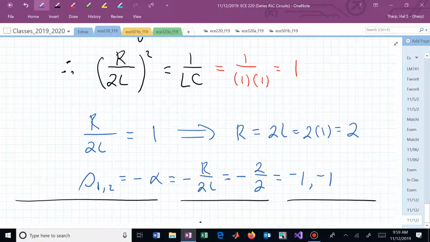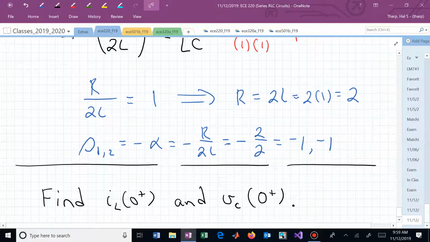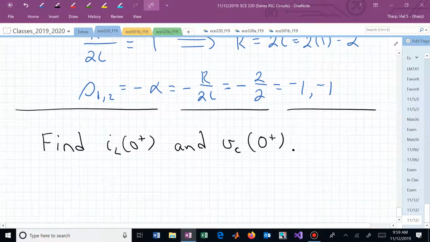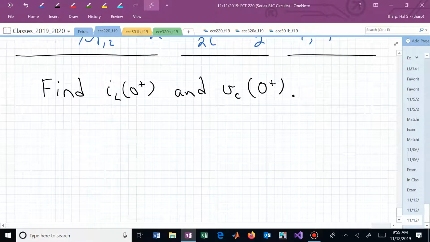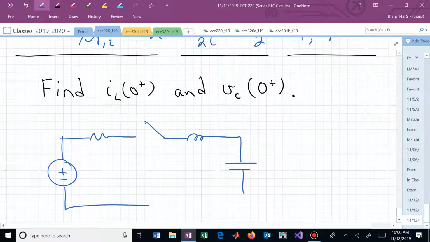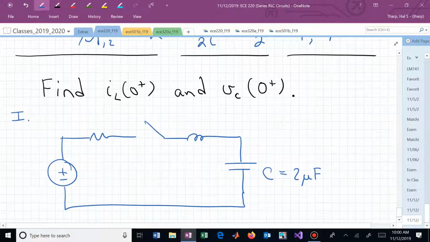Now, in solving these types of circuits, we're going to need to get comfortable finding our initial conditions. So let's do that. Let's look at a circuit. Suppose we have a switch, here's C, and let's say this is 2 microfarads. Let's say this is now example 1.